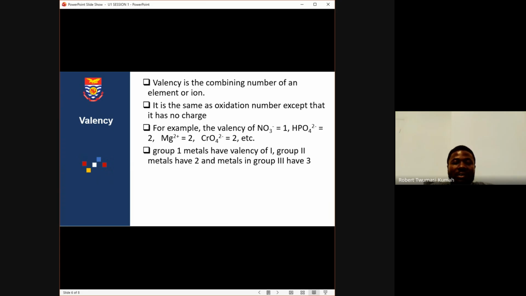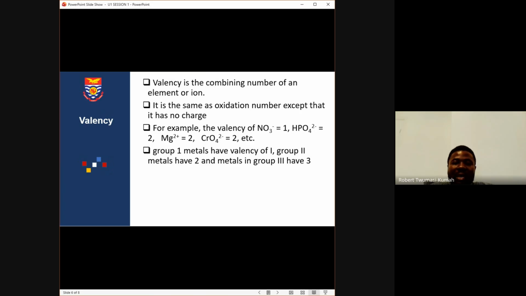So, for example, if we have something like Mg2+, its valency is just 2. We are not interested in the charge, whether it is positive or negative. Like the chromate, CrO4 2-, its valency is just 2.